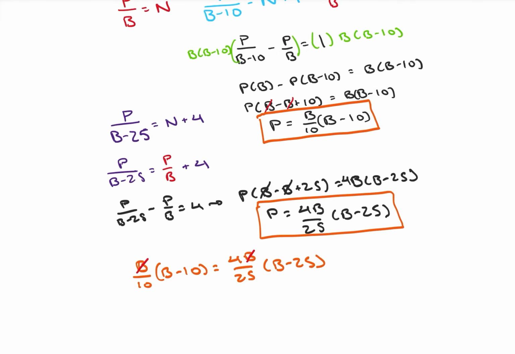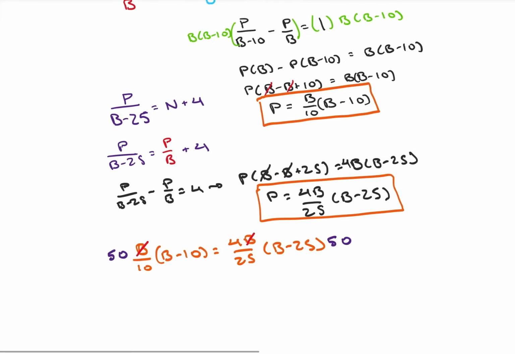If we want to deal with whole numbers instead of fractions, I can multiply the whole thing by 50. So let's multiply our whole equation by 50. That'll get rid of those denominator terms. So now I'm going to have 5 times B minus 10 is equal to 8 times B minus 25.